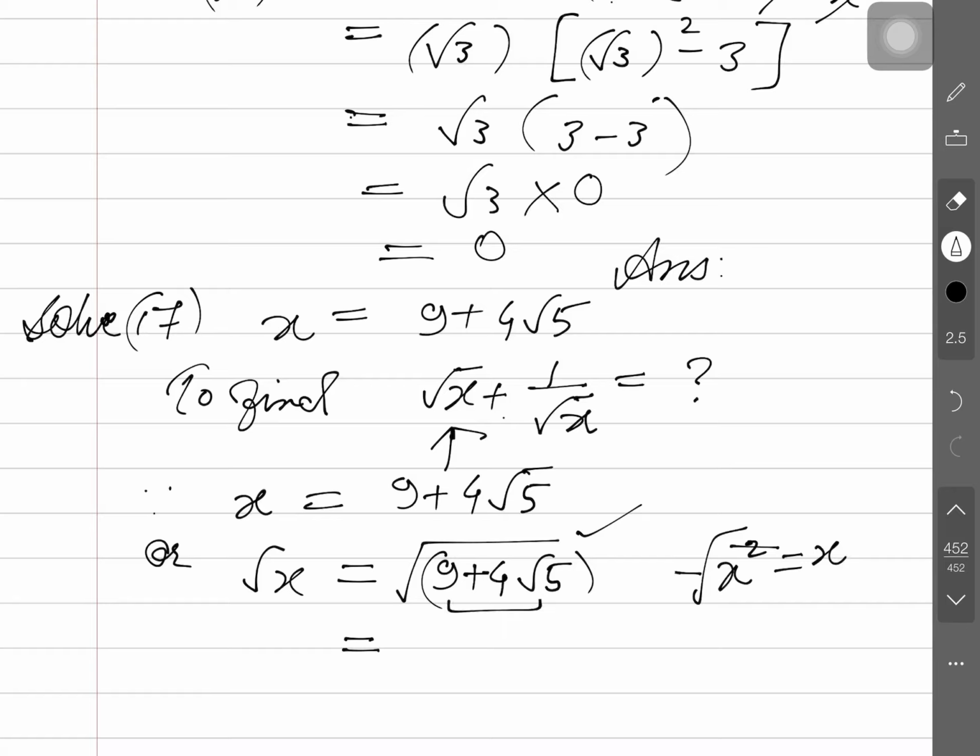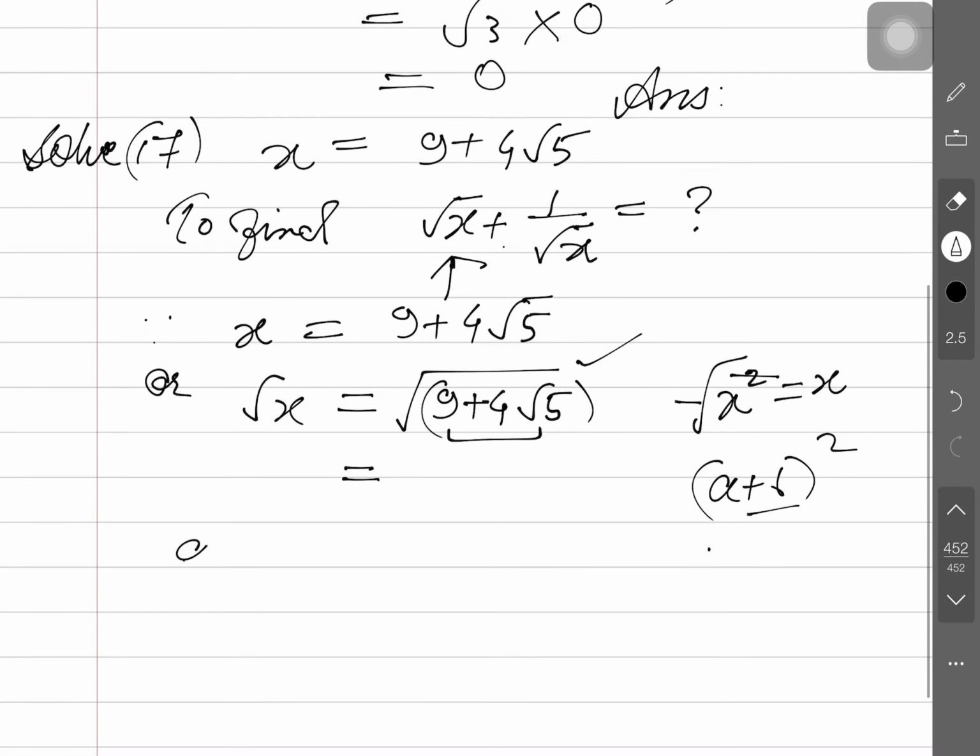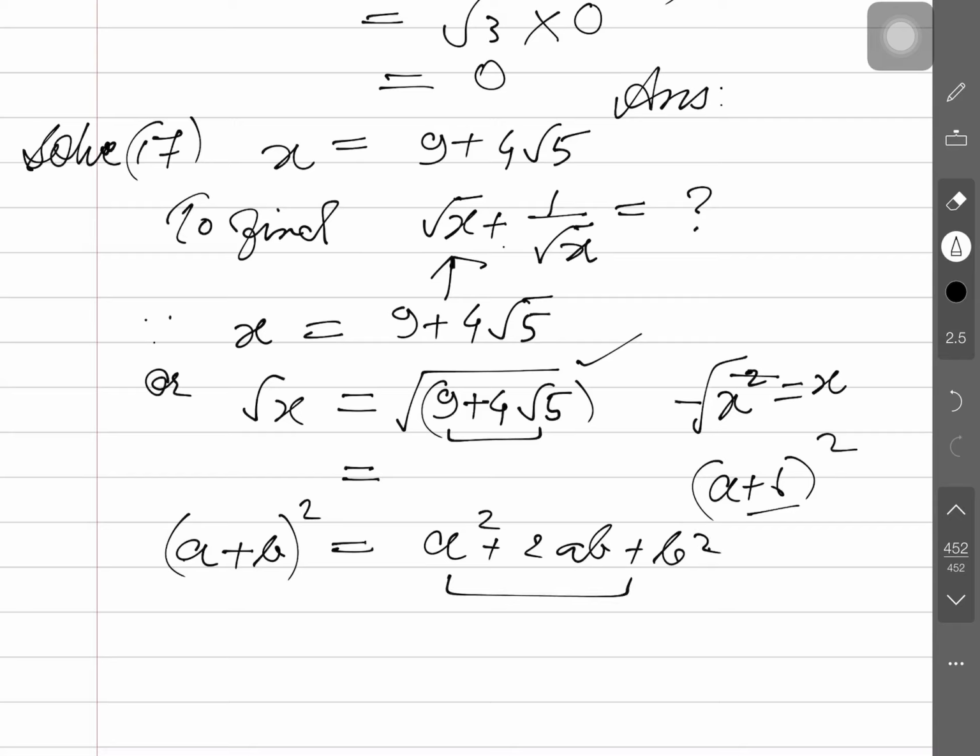So, we have to create here a square, just like a plus b whole square, which can be written as a square plus 2ab plus b square. Clear?